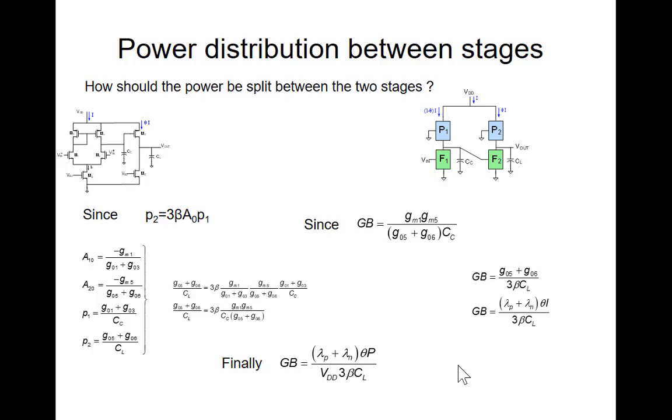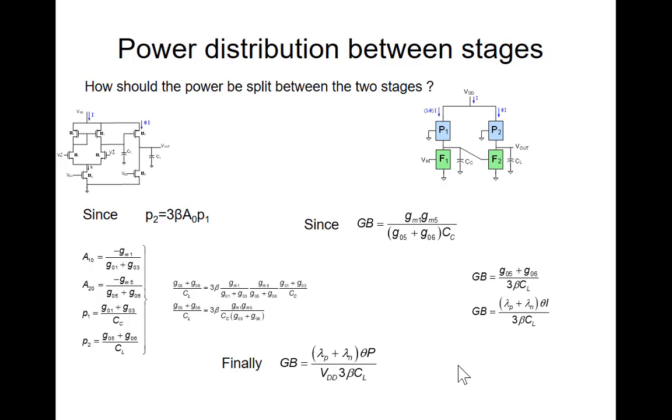And if I want to optimize GB, maximize GB for a given power, what does this tell me I have to do? Maximize theta. And theta is the fraction of the power that appears in the second stage.